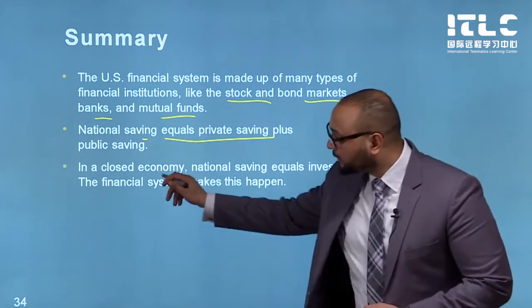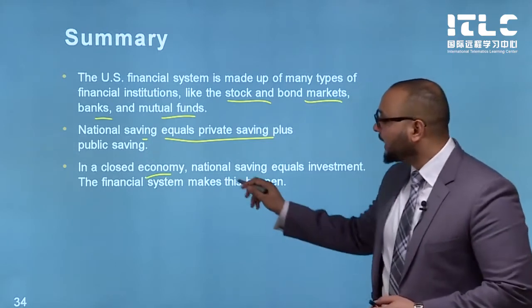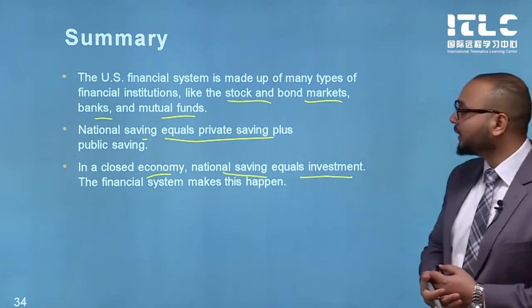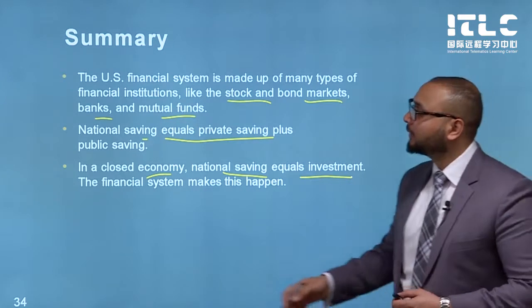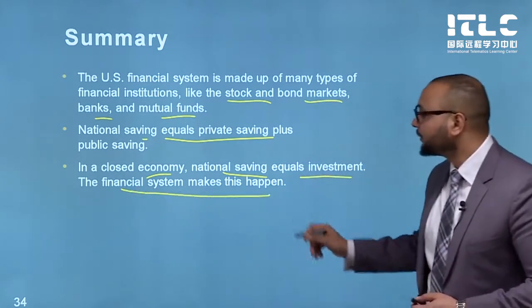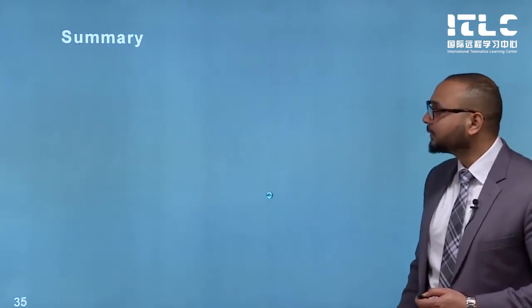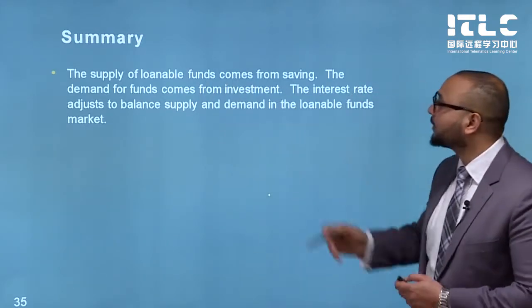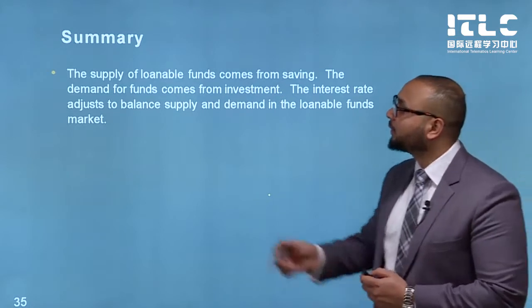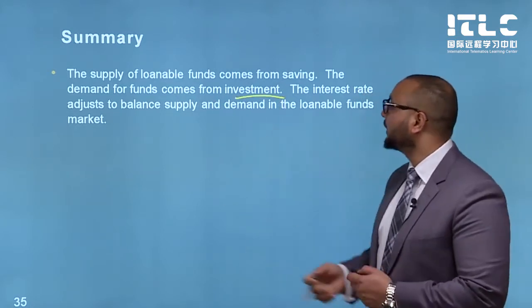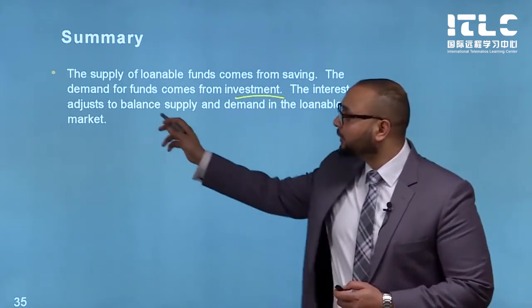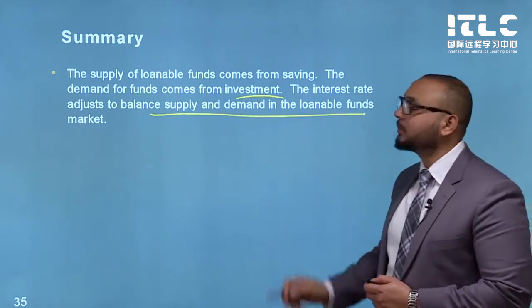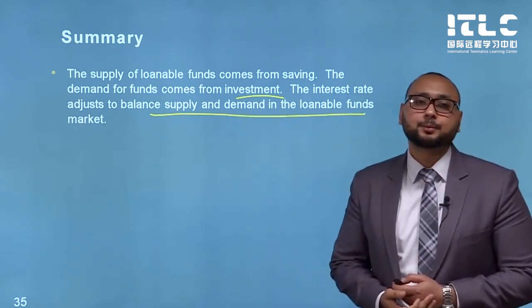In a closed economy, national saving equals national investment. The financial system makes this happen, because the supply of loanable funds comes from saving, the demand for funds comes from investment, and the interest rate adjusts to balance supply and demand in the loanable funds market.